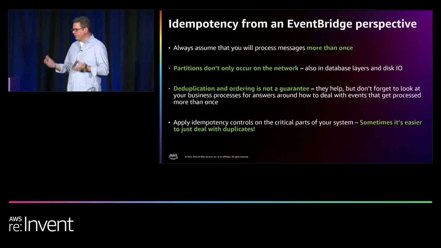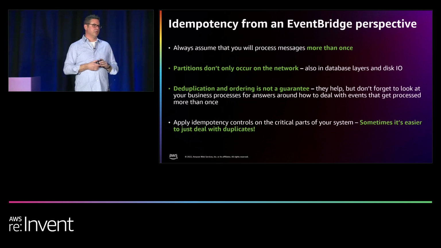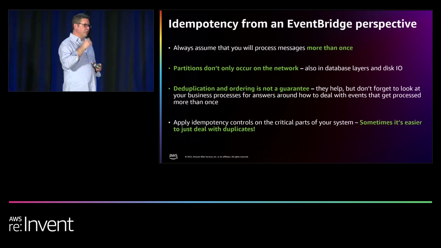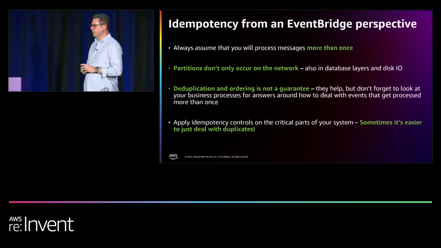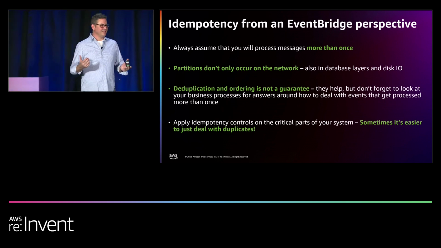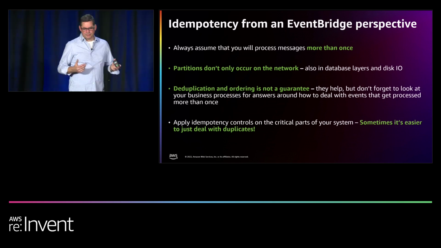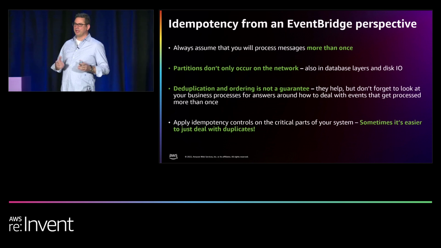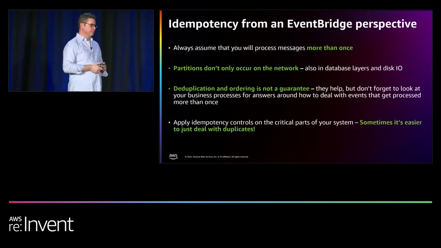And dealing with idempotency requires significant engineering effort. I would really focus on making sure that you only implement these solutions in the critical parts of your system, because sometimes it's actually just easier to deal with duplicate records. But if you're in doubt, check with the business, right? Because probably they've been dealing with idempotency or duplicate processing long before there was a technology solution for it.